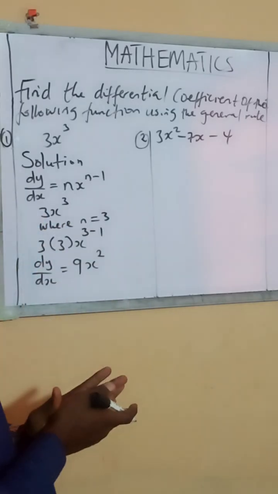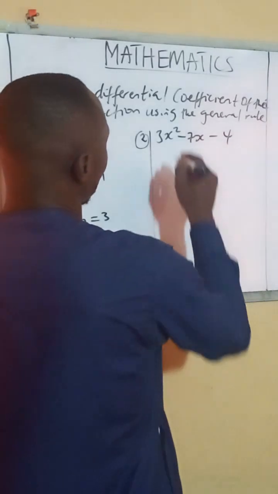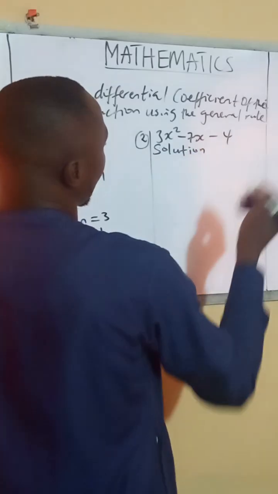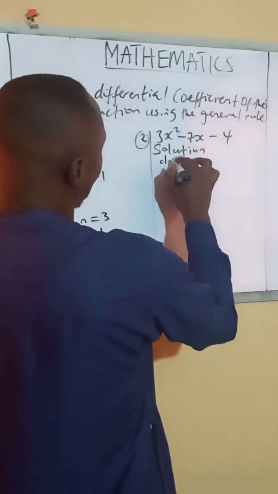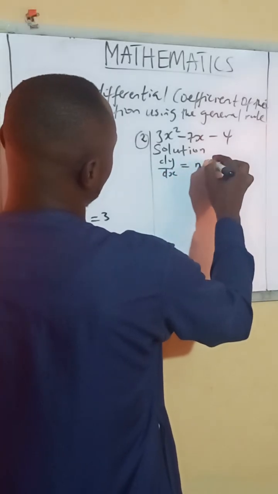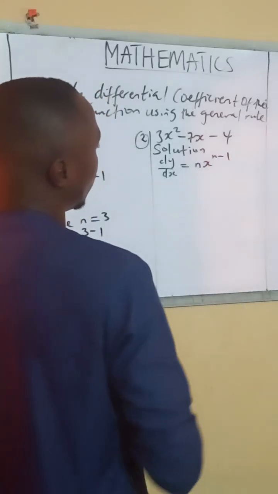Now let's go to the second one, number 2 question. Now, let's introduce our formula as well. You have our dy over dx equals to n x raised to the power n minus 1, our formula.